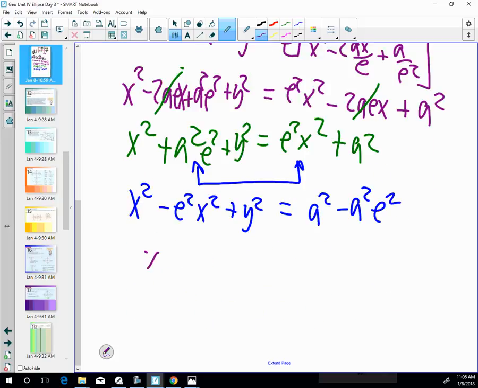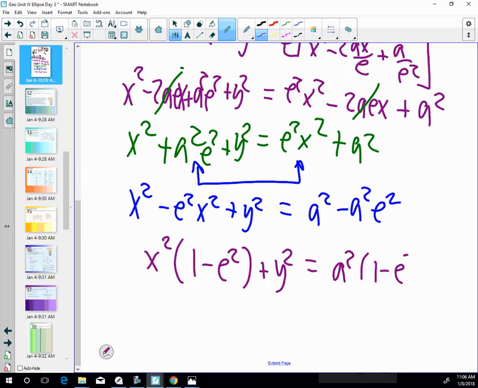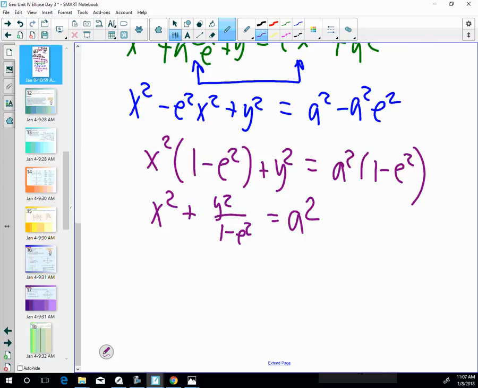Now take out an X squared. You get 1 minus E squared. 1 minus E squared. Just a second. Divide by E squared, you get X squared plus Y squared over 1 minus E squared equal to A squared. Okay. And divide by A squared, right?